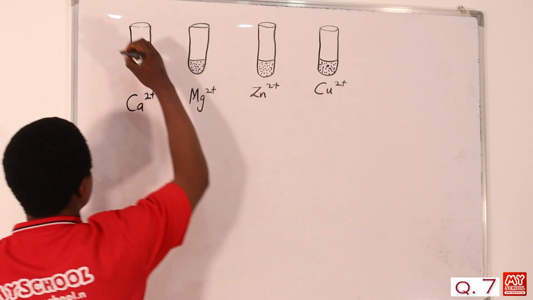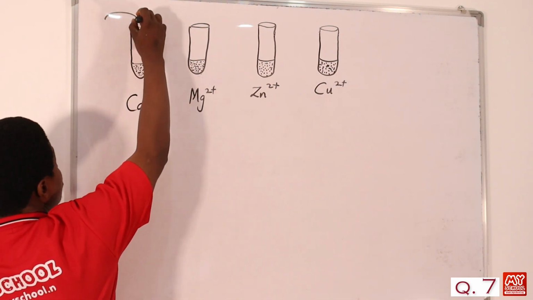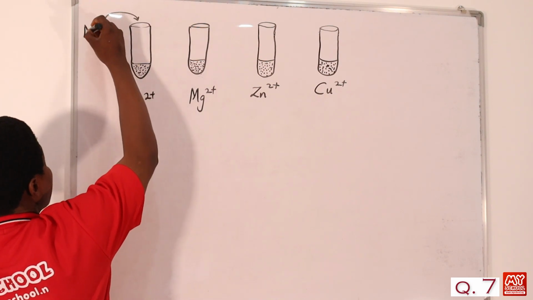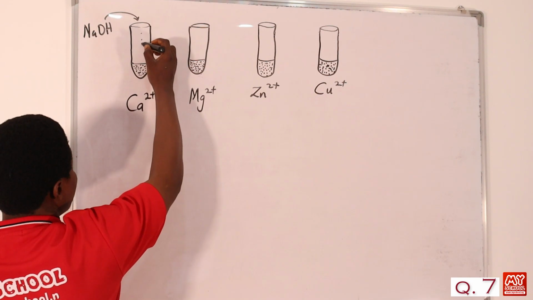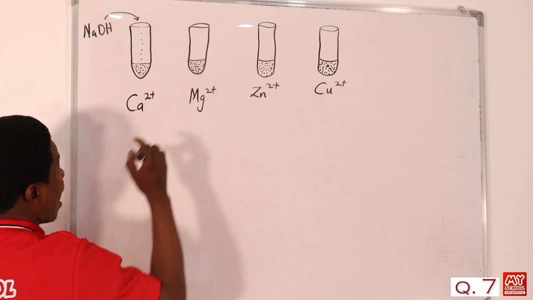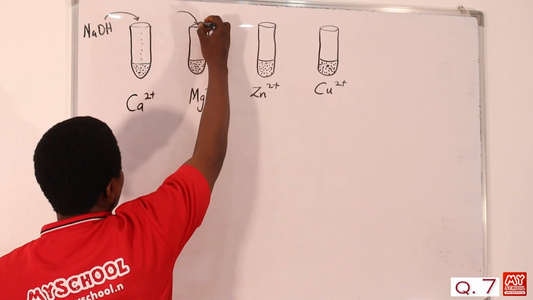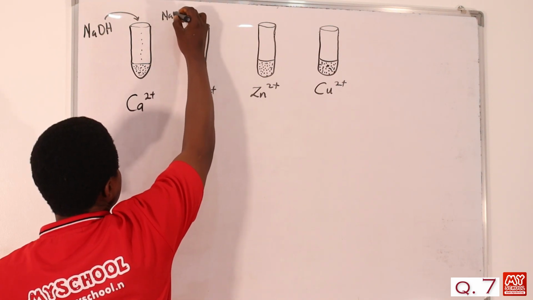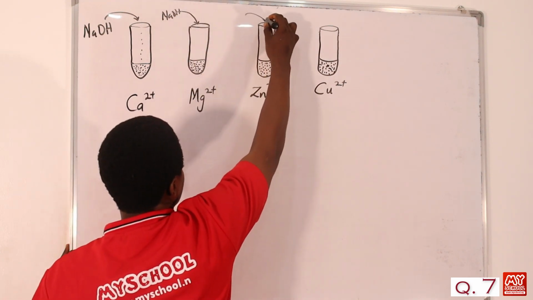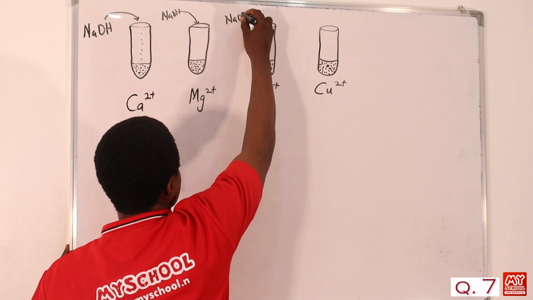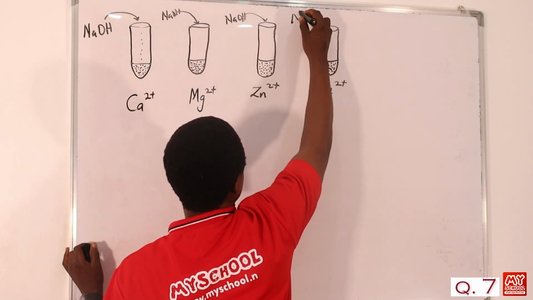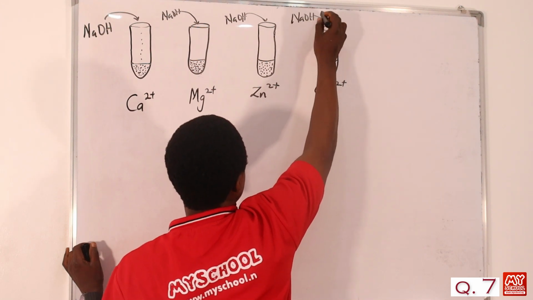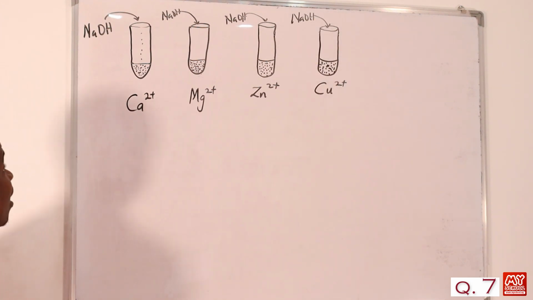Now the question says if you introduce sodium hydroxide into it, you add sodium hydroxide first in drops, what happens? You add the same quantity of sodium hydroxide into each, and the last one, the copper salt, also has sodium hydroxide added into it. Now what do you discover?